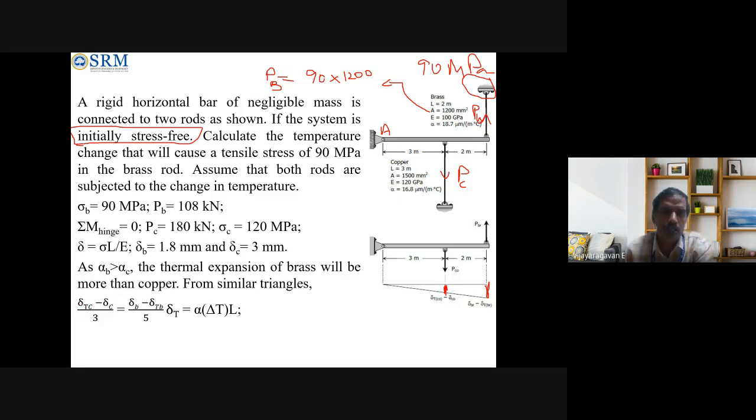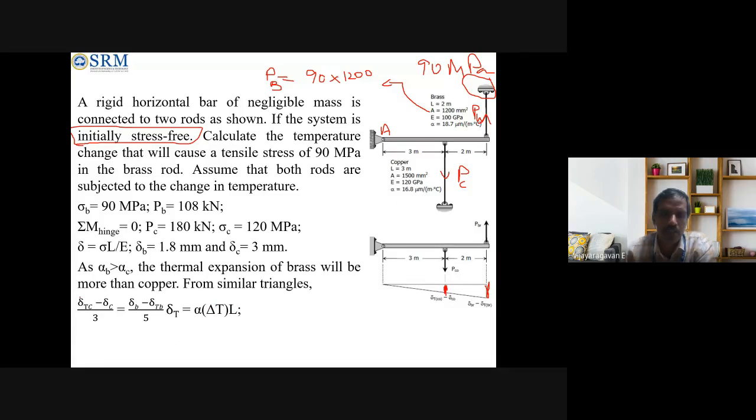For thermal expansion of copper, the formula is alpha TL. The alpha value for copper is 16 micrometer, so 10 power minus 6, that should be included. Then the change in temperature is not known. The length of copper is 3 meters.